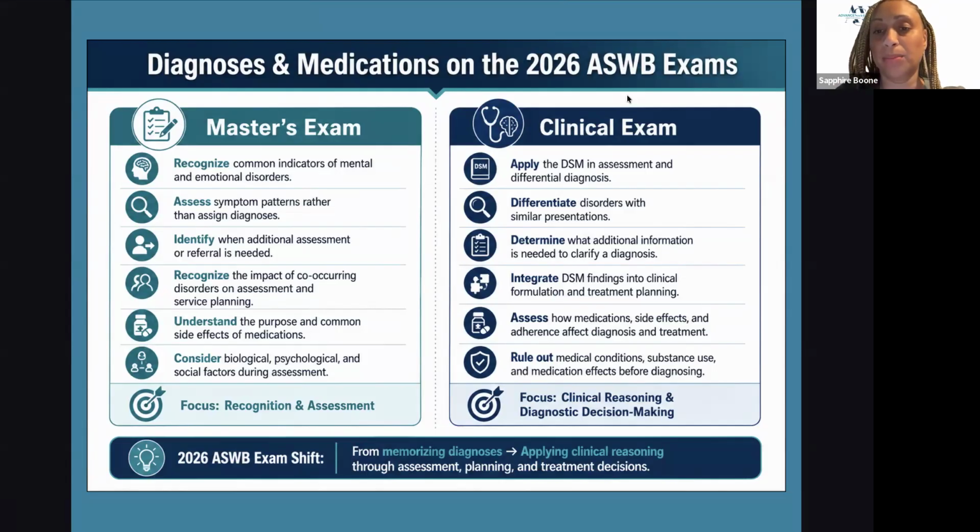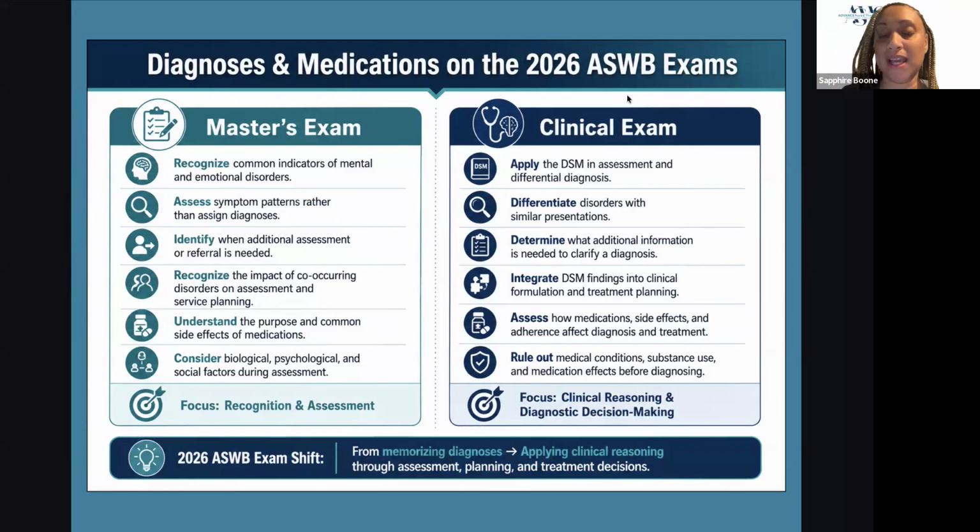We talked about that a little bit last week. Looking at the impact of co-occurring disorders, we looked at that a little bit last week as well. And then looking at the purpose and common side effects of medications. So all of that is very surface level, right? Really understanding the key features of a disorder.